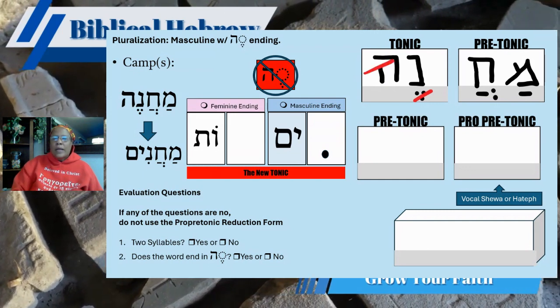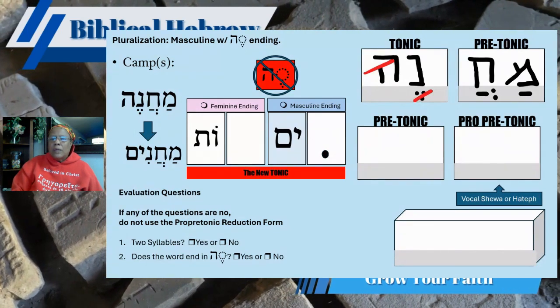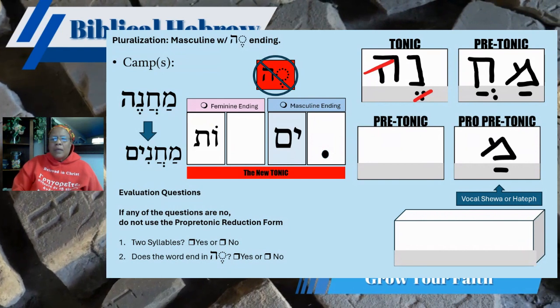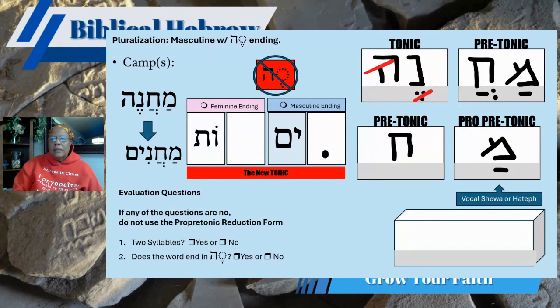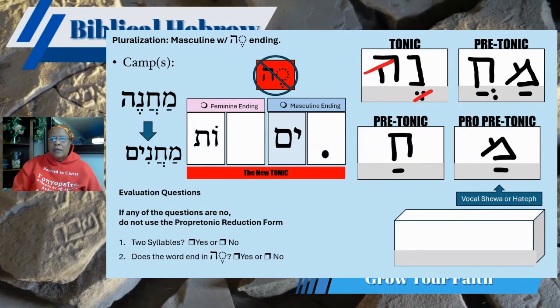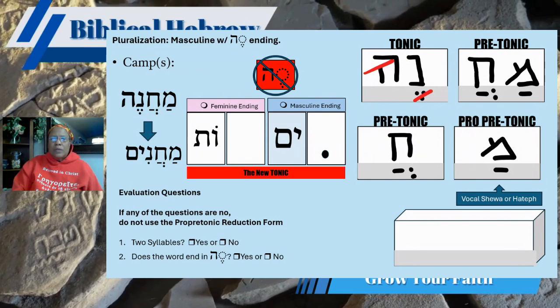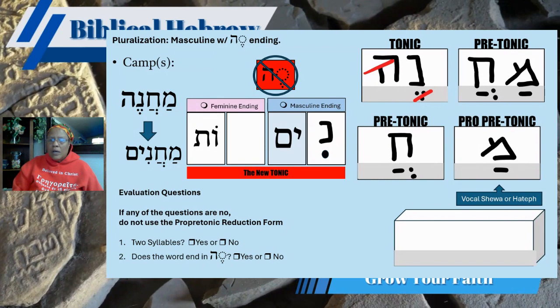Okay. We know that if we don't know by now, we know that we're getting rid of those two. So when we bring down the problem, the pretonic will be a mem and a hey. And then we have the het. All right. And then the noon. The het and the hetaf, and then the noon.